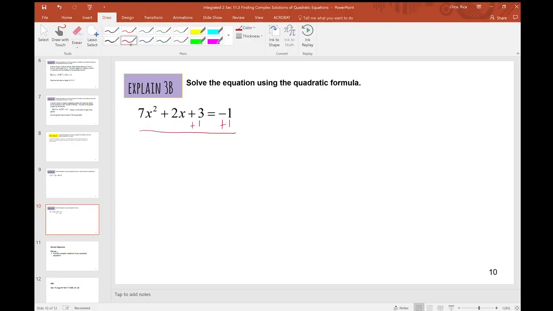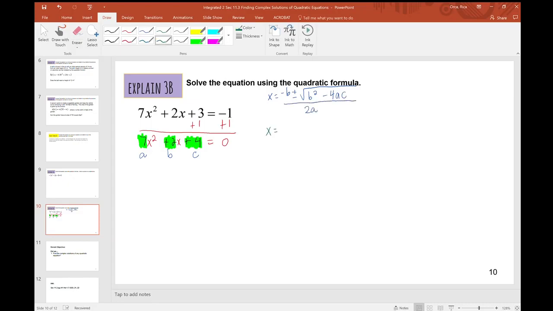Now we have 7x squared plus 2x plus 3 plus 1 is 4 equals 0. Now let's identify a, b, and c. a is 7, b is 2, c is 4. We know x equals negative b plus or minus the square root of b squared minus 4ac all over 2a.